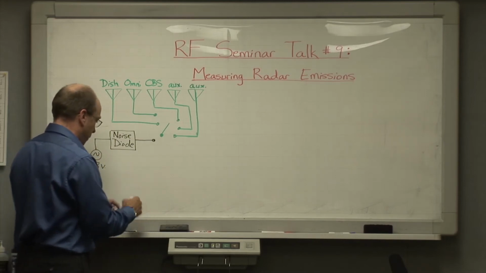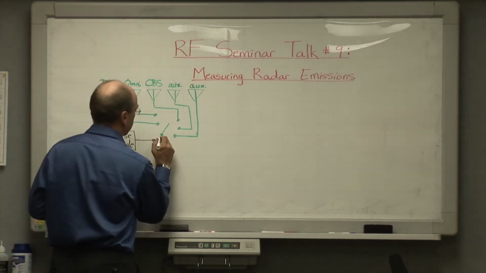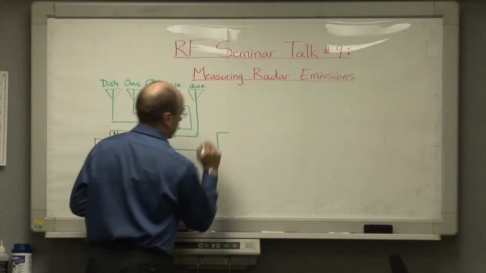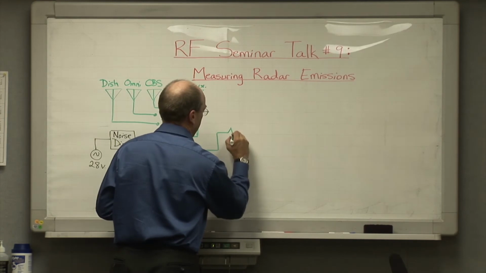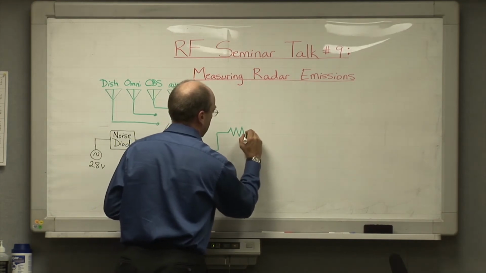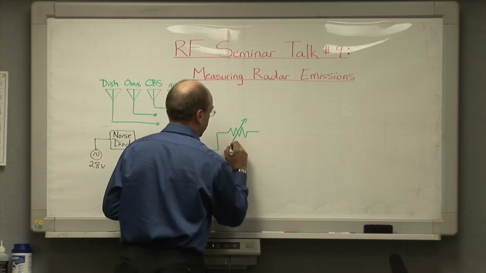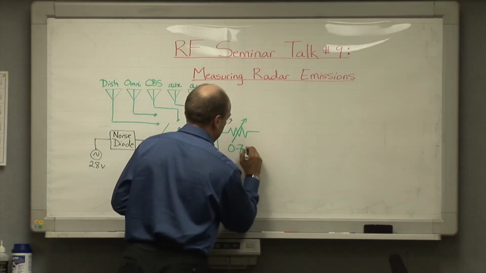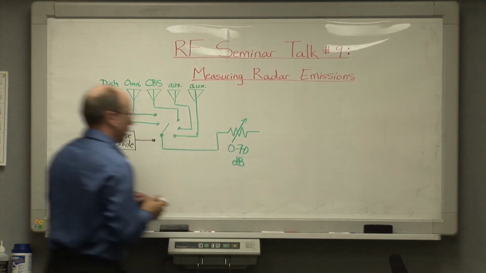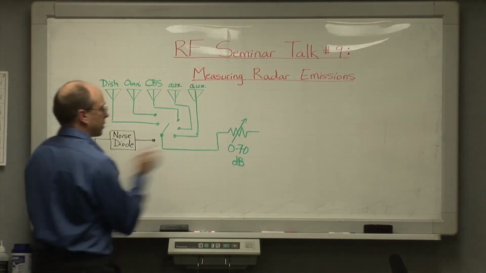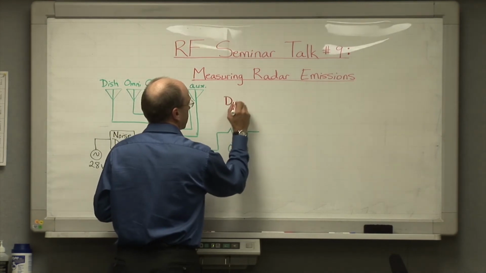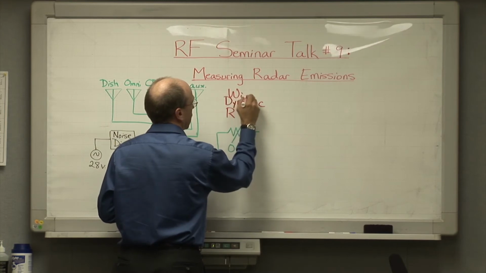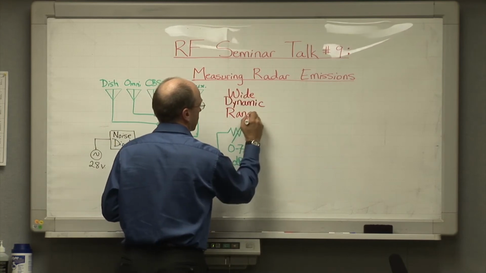The next step in the sequence is to be able to go from that point through an RF attenuator, which itself can be switched to a value of anywhere from 0 to 70 dB. And remember that this is the place in our system where we achieve our wide dynamic range.